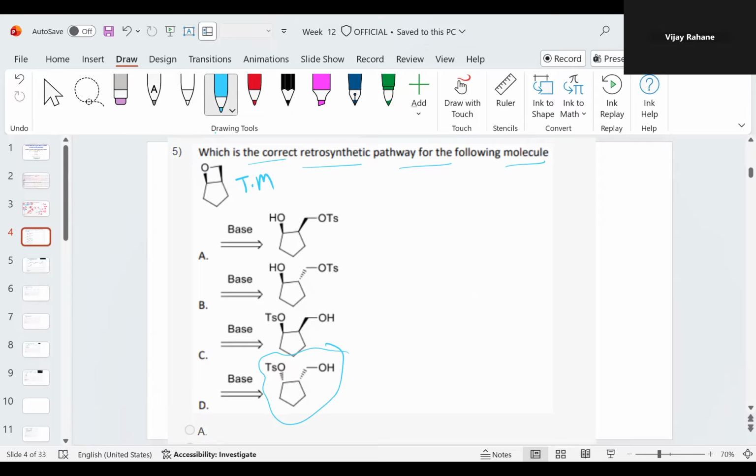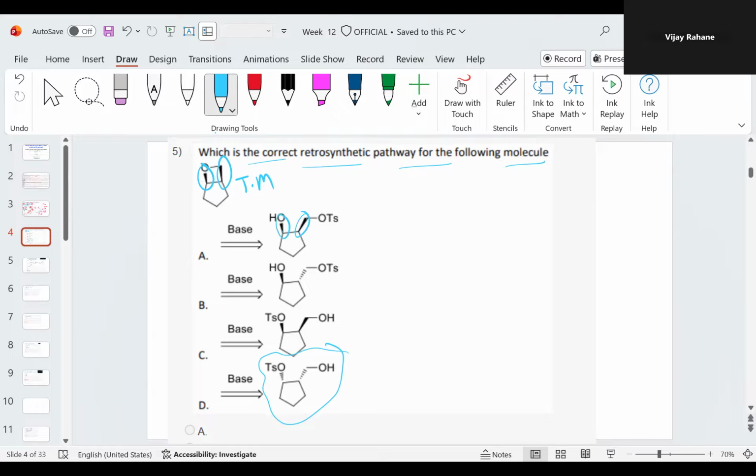If you look closely, both these bonds are cis to each other. In the starting material also we have to think of only cis bonds, particularly this carbon-oxygen and this carbon-carbon bond. These bonds should be cis to each other.